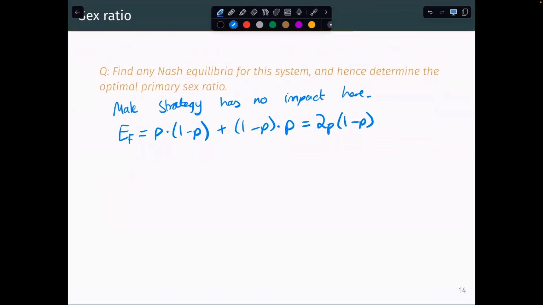Okay, so how do we find the maximum? Take the derivative, right? So EF is maximized when the derivative, dEF/dP, is equal to 0.